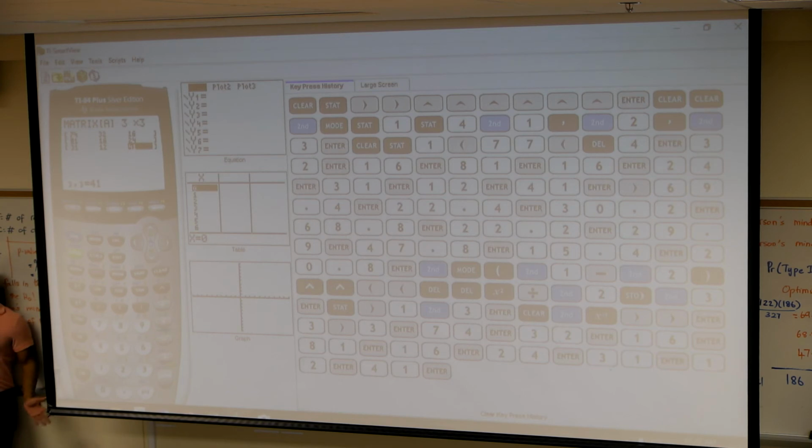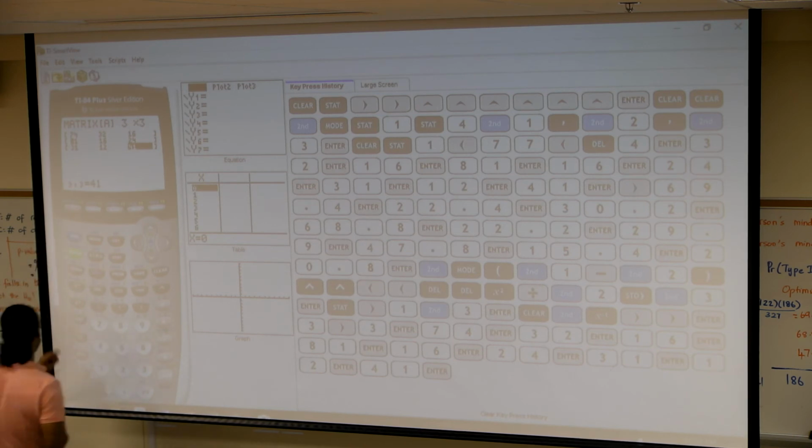Oh, we're good. So I've entered the table of observed frequencies and I've saved that to matrix A.